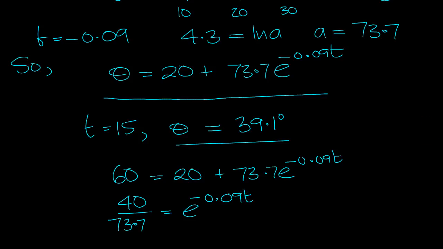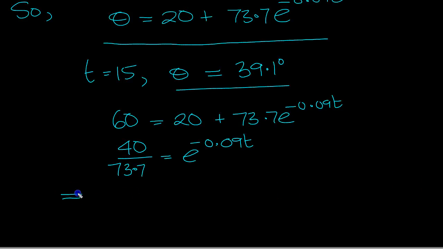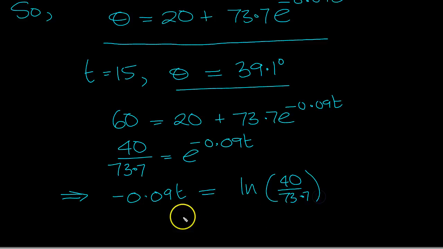So now take logs. So minus 0.09t, this comes down to ground level, is equal to ln of 40 over 73.7. And then t is equal to 1 over minus 0.09 times the log of 40 over 73.7.